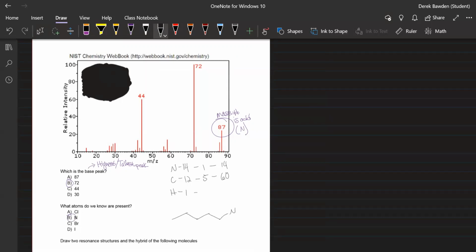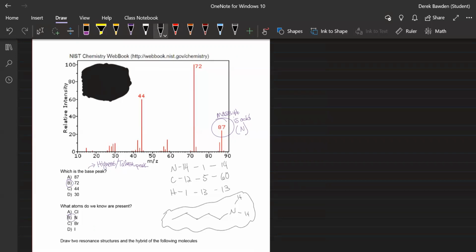And if this was our molecule, we'd have 2 hydrogens, 3, 4, 5, 6, 7, 8, 9, 10, 11, 12, 13. Okay. So does 14 plus 60 plus 13 add up to our 87? Yes, it does, right? Perfect. So this is our molecule.